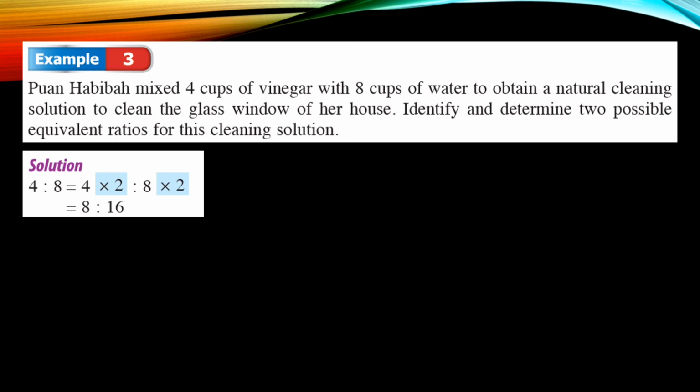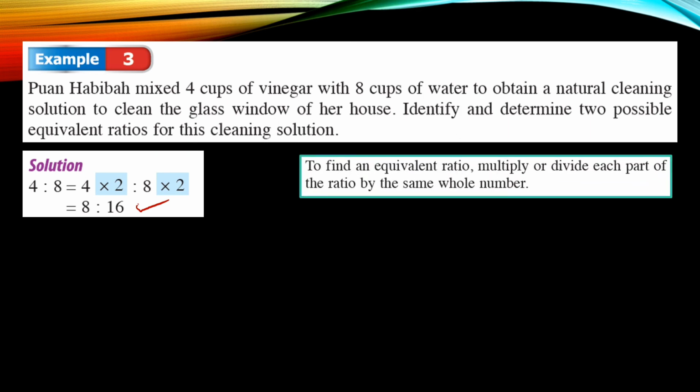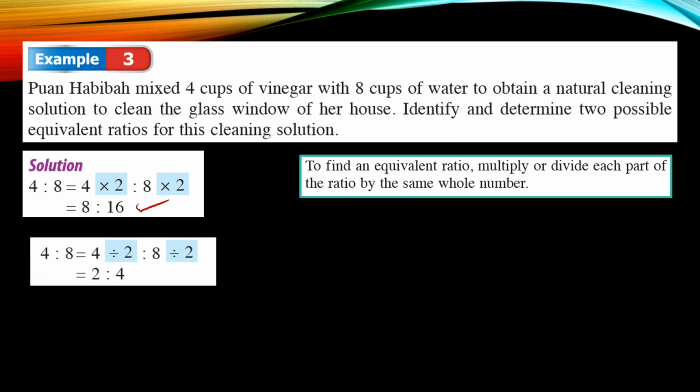How do we find the equivalent? We can just multiply by 2, a whole number, for those numbers here. 4 times 2, 8, 8 times 2, 16. So this is one of the possible equivalent ratios. To find an equivalent ratio, we need to multiply or divide each part of the ratio by the same whole number.